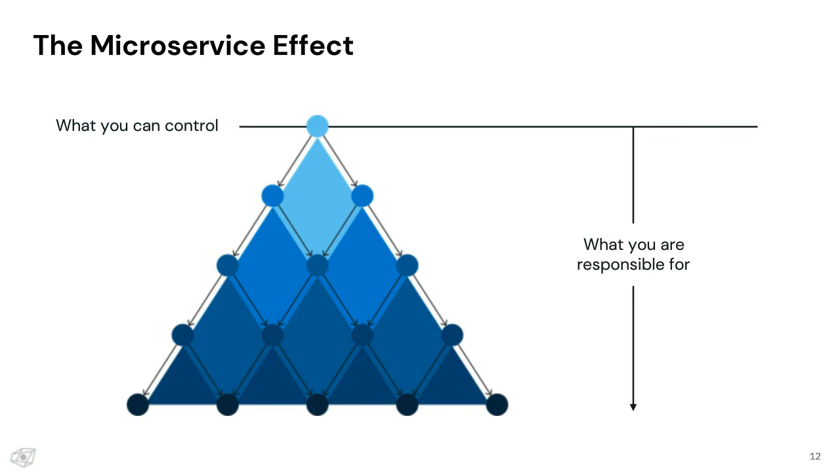So you end up with this kind of cascading thing where your team controls this portion of the system, and then you've got this exponential growth in what you're actually responsible for, just because any failures down here in the triangle are going to bubble back up to your service.